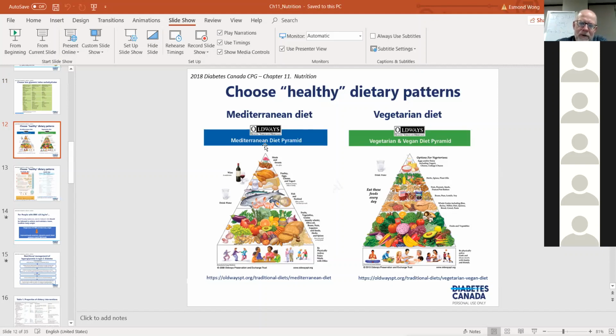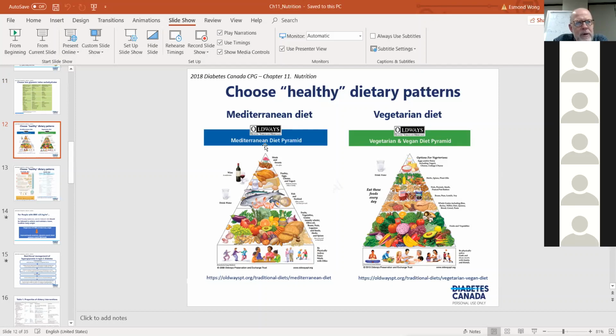So Mediterranean, Nordic, of course, vegetarian and vegan diets are recognized as a pattern within Diabetes Canada, as well as the DASH diet, which is recognized as being one of the healthier ones too. And another one is called a portfolio diet. Basically it's a diet used for people with high cholesterol, but it's a very specific one.